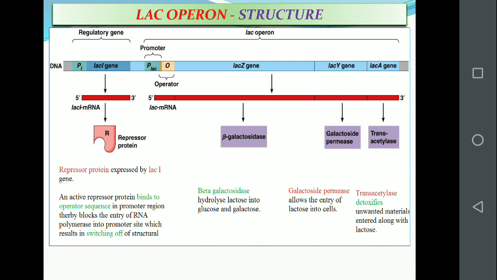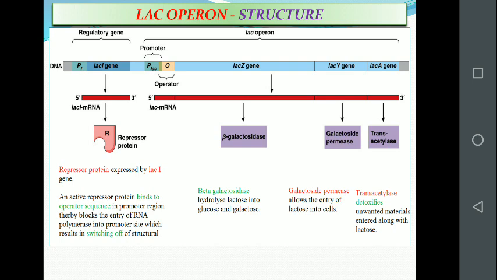So now the RNA polymerase, which has to bind to the promoter region for the transcription process, cannot, because the repressor is already occupying the operator, and that prevents the binding of RNA polymerase to the promoter region.